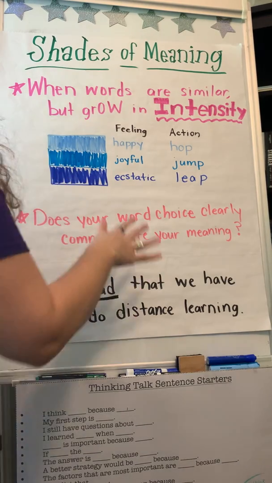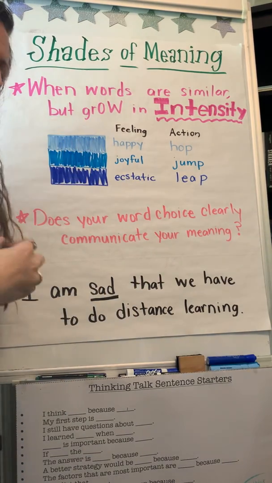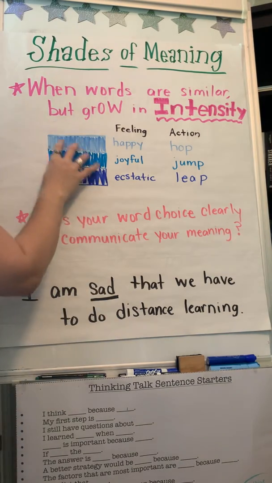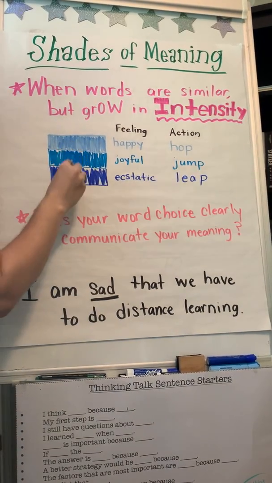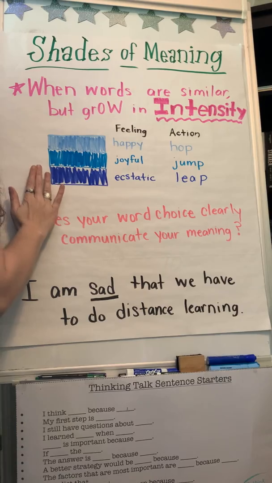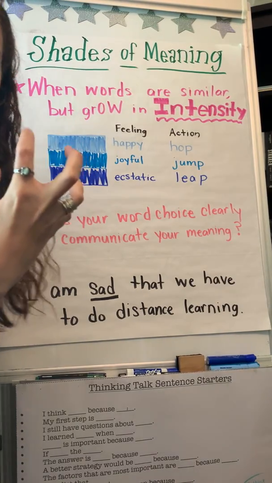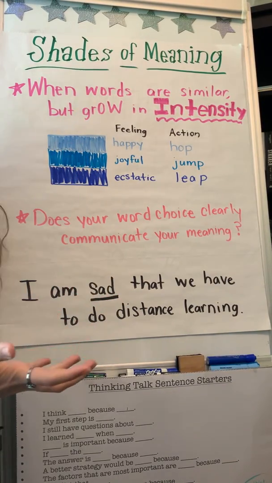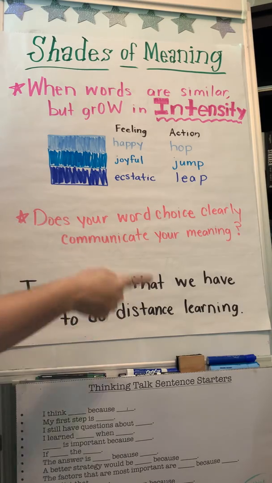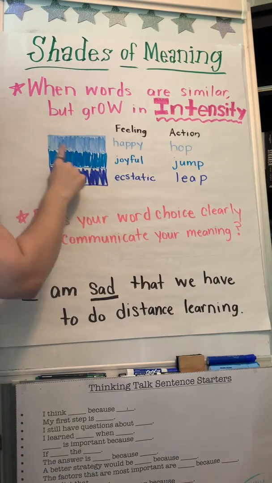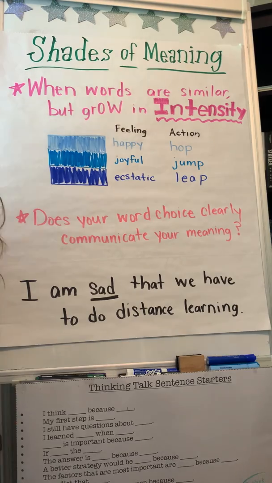Do you think it's a low-level light emotion? Or do you think it's a big, strong, bold, dark, intense emotion? What do you think? If you're thinking that it's down here in the light, you're right.